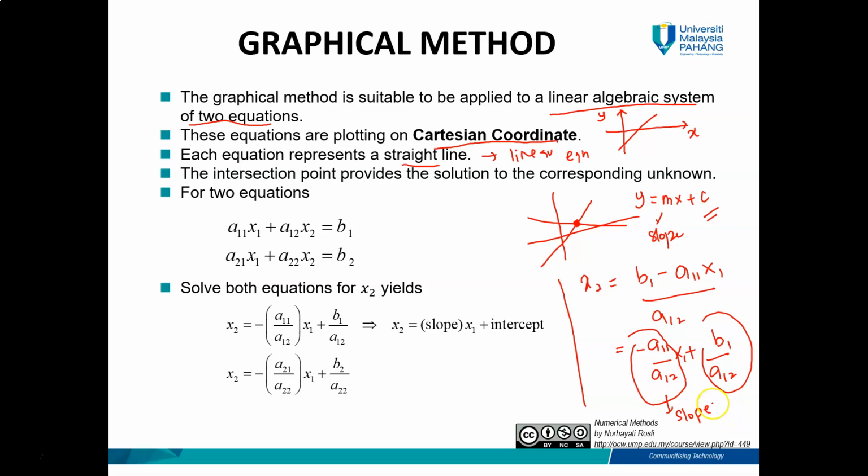When we plot, we can draw a graph based on the linear equation y equal to mx plus c. And when we write the second equation with x2 as the subject, we get this kind of equation, where this is the slope and c is given by b2 divided by a22.